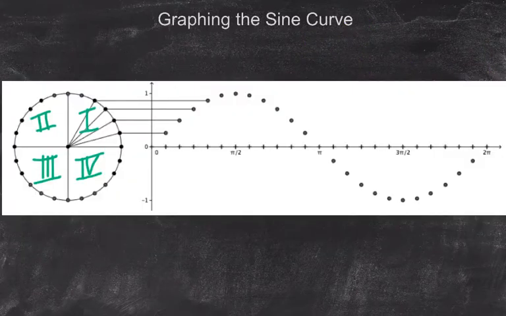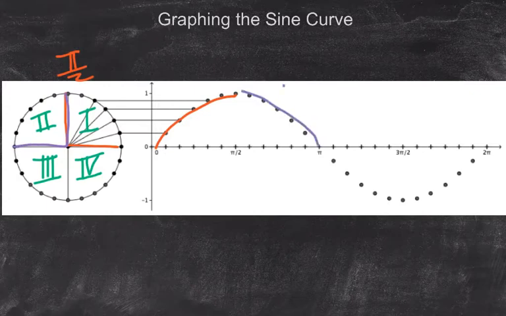We can make one last connection between the unit circle and the graph by looking at the 4 quadrants. So we see that quadrant 1 is between 0 radians and pi/2 radians. So that's going to be this part of my curve here. Quadrant 2 is between pi/2 and pi, so that's this part right here. And we see that this makes sense because as I go from 0 radians to pi/2, the height of my triangle is starting at 0 and getting bigger.